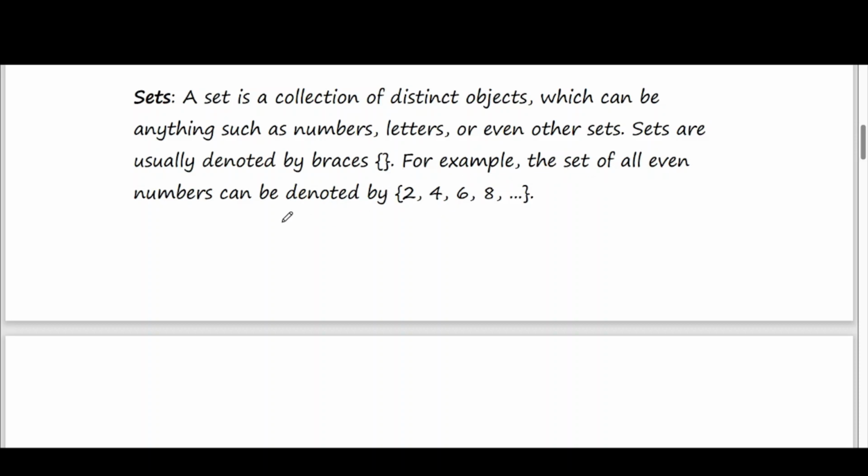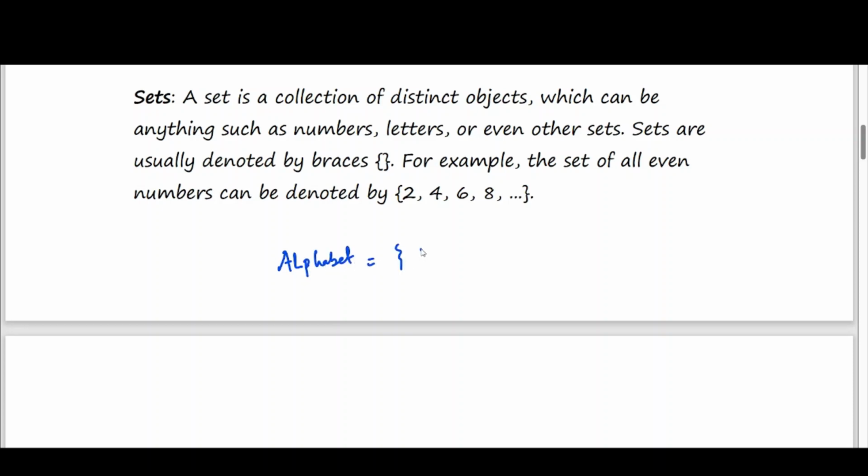For example, the set of all even numbers can be denoted by 2, 4, 6, 8. Or suppose we are talking about the set of alphabets, denoted by a set name.